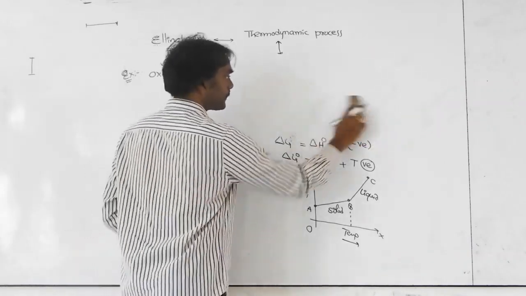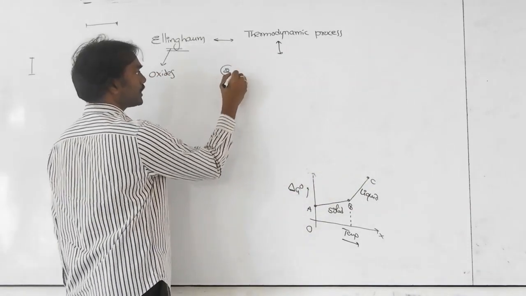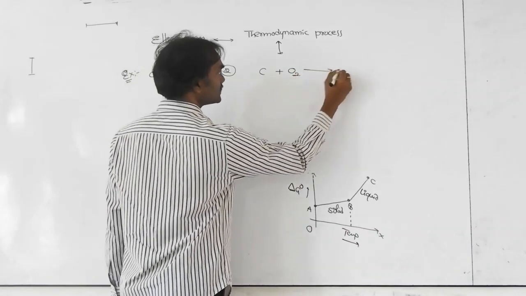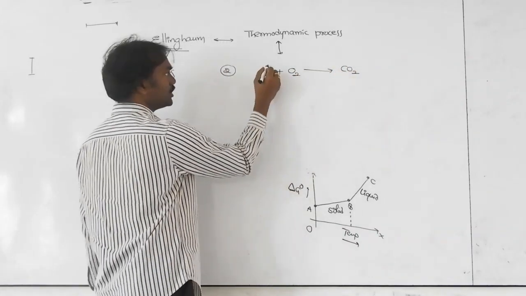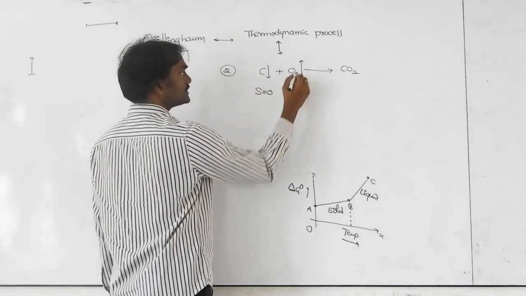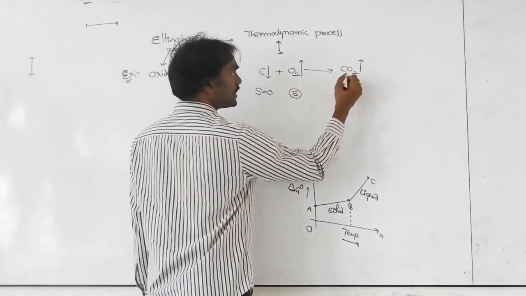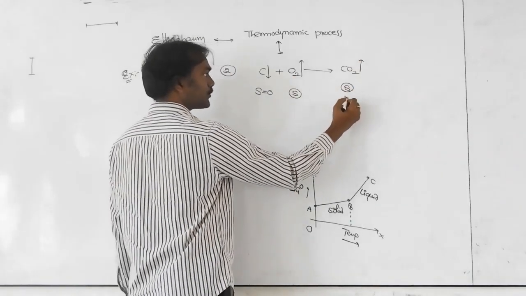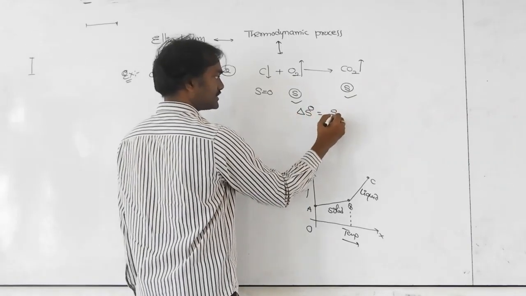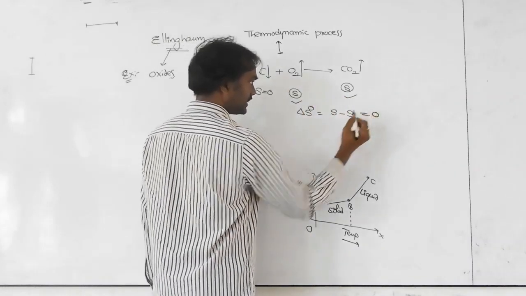Second example: carbon reacts with oxygen to become carbon dioxide. Carbon is a solid, so entropy 0. Oxygen is a gas, so we take entropy S for 1 mole. Carbon dioxide is also a gas, with entropy S for 1 mole. Delta S naught is product minus reactant, S minus S, that is 0.